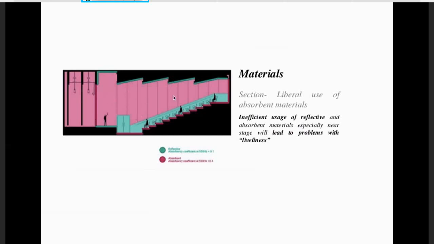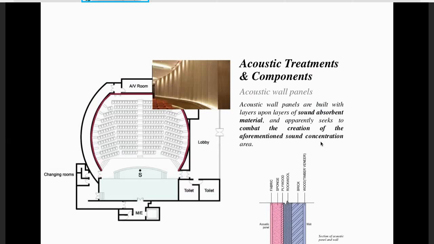So the pink is to absorb, the green color is to reflect, so that the voice can transmit to the back of the hall. And the carpets and the walls can reduce the echo effect. Okay, so this is the wall treatment in a large auditorium.